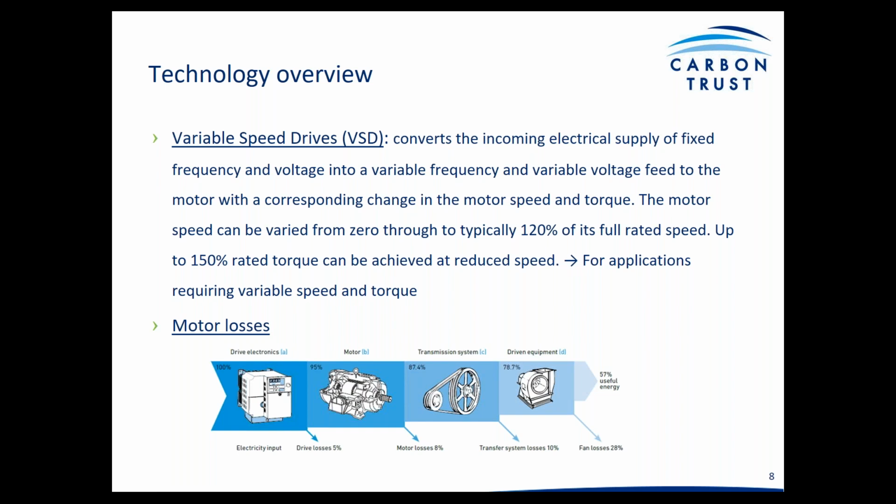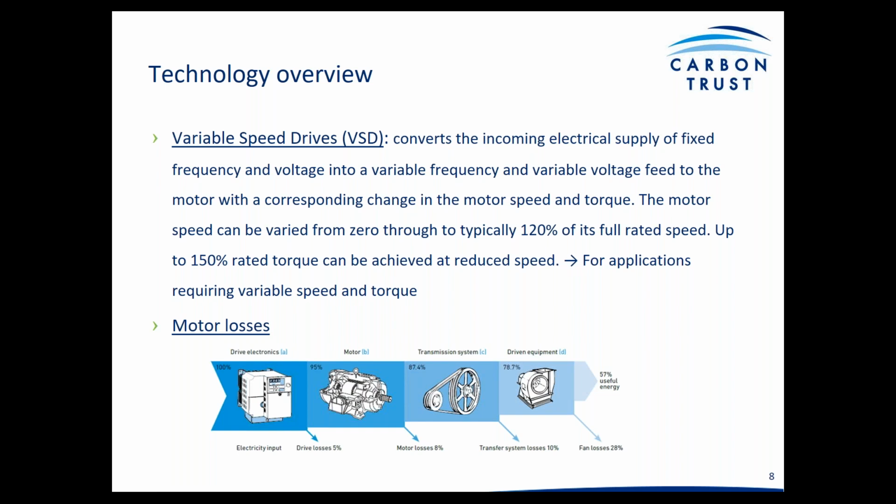This can go from a typical low load, even 20-30%, up to 120% of the full rated speed. And also we can see that even up to 150% rated torque can be achieved at reduced speed. We'll give you an overview of the inverters and variable speed drives later on.